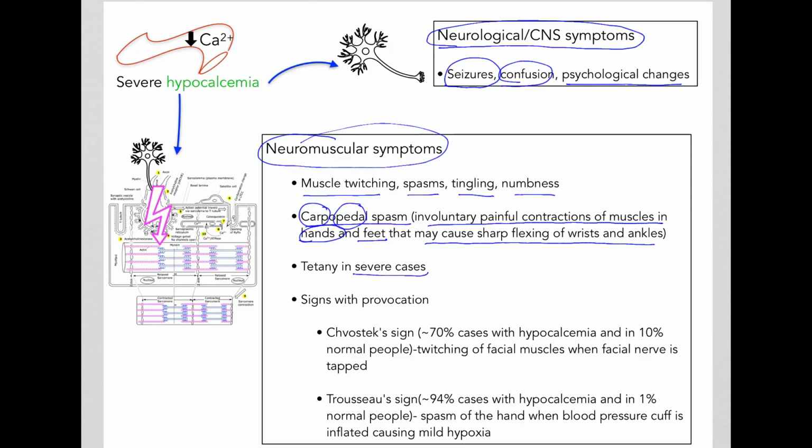In severe cases, there could be even tetany.